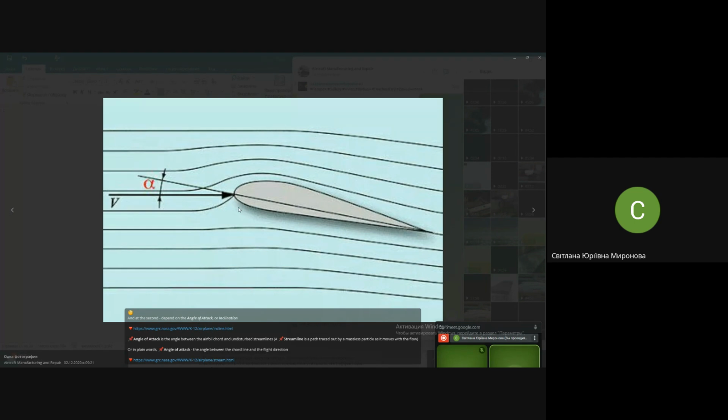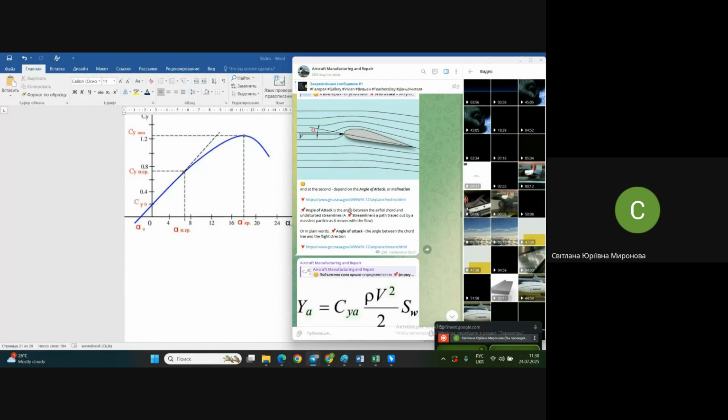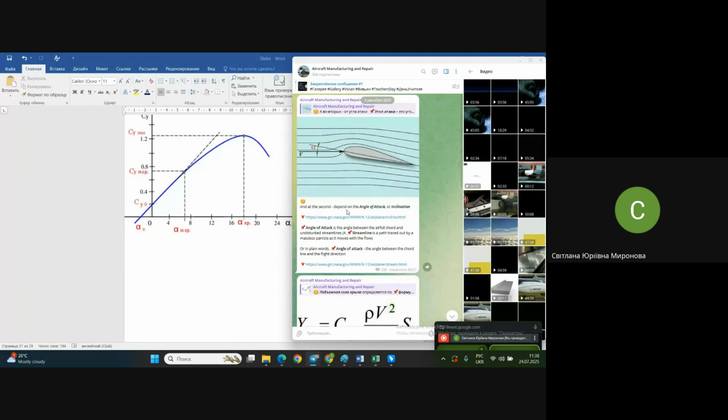That one is more typical for subsonic aircraft. And the angle between the vector or direction of undisturbed streamlines and the chord of the airfoil is called angle of attack. Actually, that's it. That's what we need to understand by now.